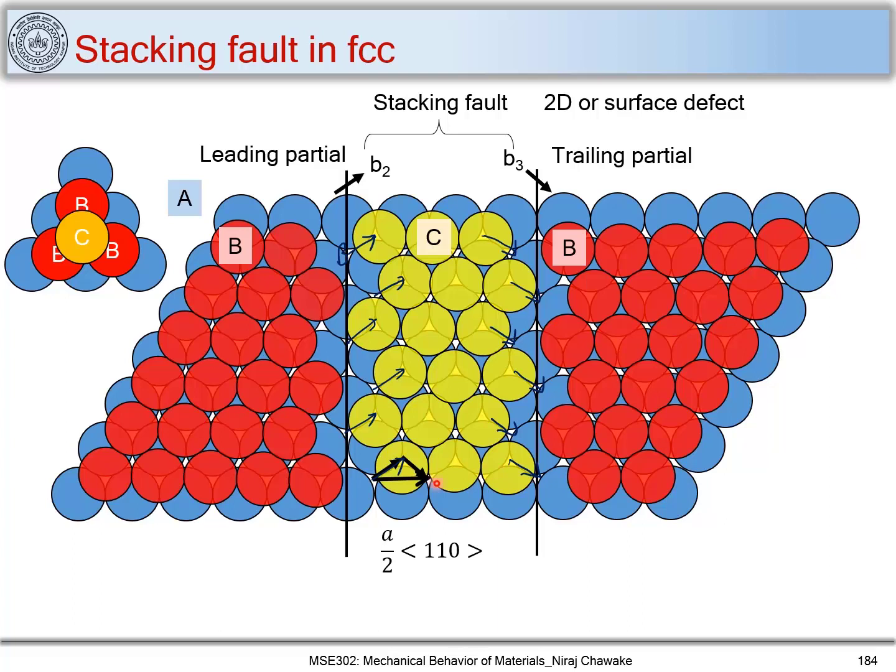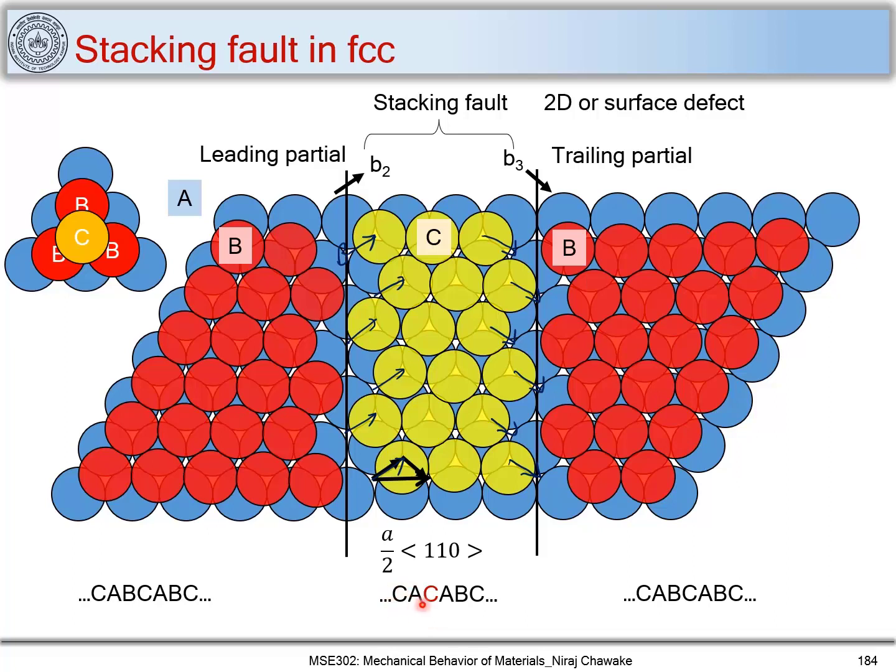Why has this been created? Because this dislocation has dissociated into two partials, that is b2 and b3. Here you can see that if I had a C position here, this would have had stacking ABC, ABC. Similarly, here you have stacking ABC, ABC, which is the ideal stacking for FCC. But now what has happened?